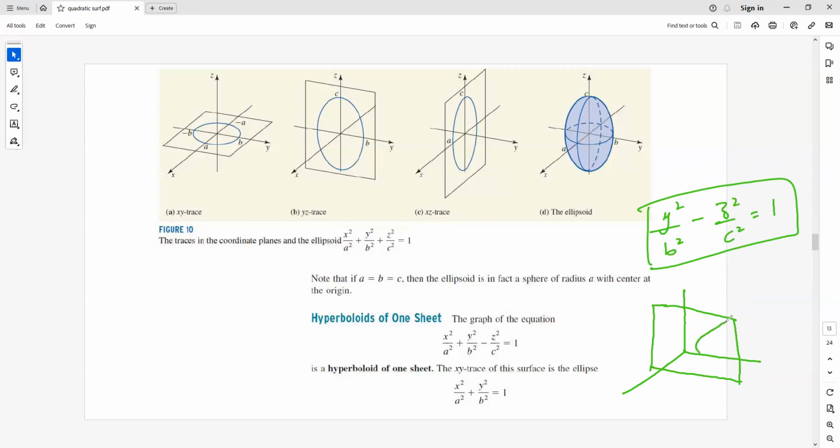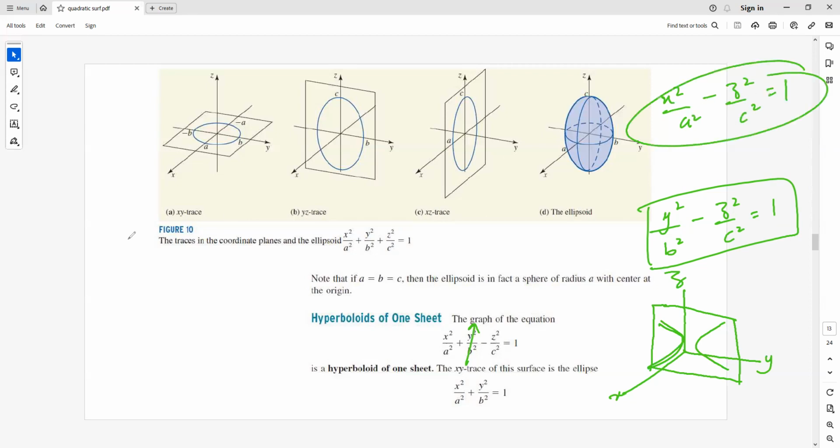And if we want to find the xz trace, we need to remove the y variable. Again we get the equation of a hyperbola, so the trace on the xz plane is again a hyperbola.